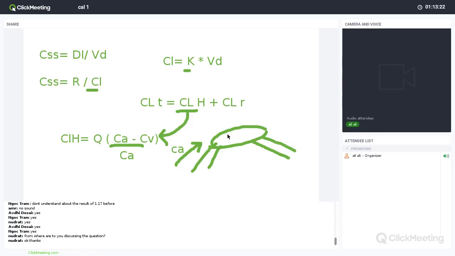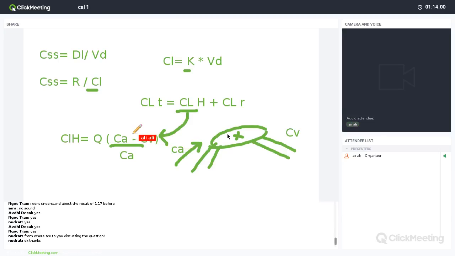Then we have the concentration of the drug in the vein. So if you subtract the second value from the first value, it will give you for sure the amount that the liver eliminated, the amount the liver cleared from the blood. So this is called the extraction ratio. It's very simple and very easy, so you will not forget.